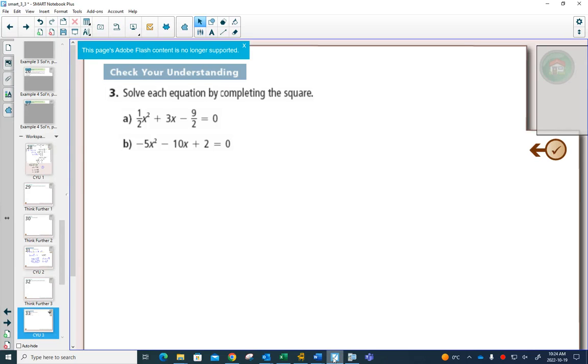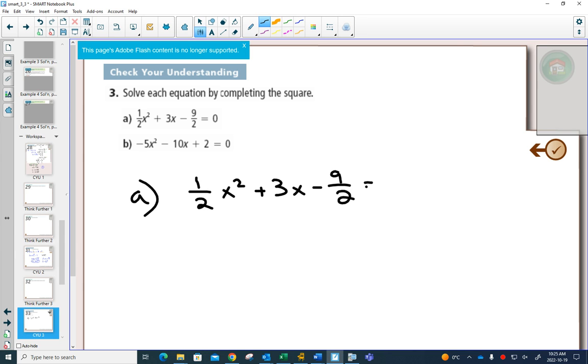Same kind of questions, but with fractions. Now, some of the fractions, we can make our life easier. Because you know in equations that what you do to one side, you do to the other side.